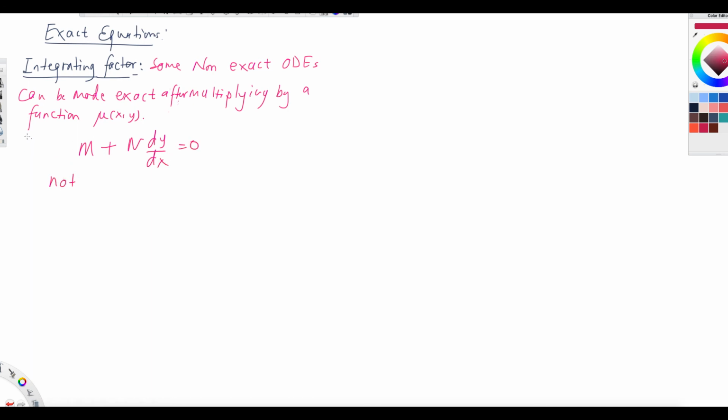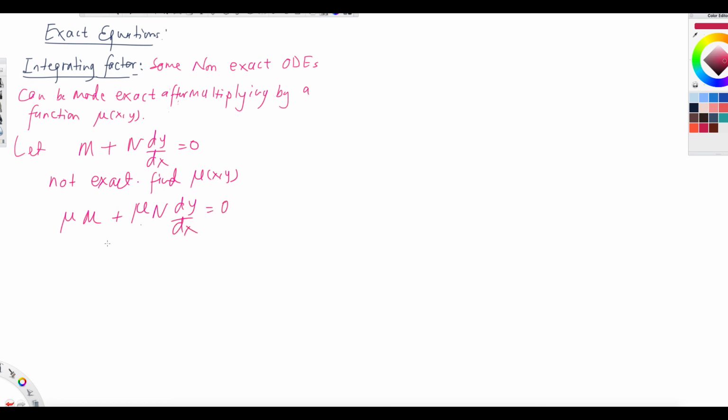Now we want to find a function mu(x,y), where M is also a function of x and y and N is also a function of x and y. If you multiply by mu, you will get mu M plus mu N dy/dx. If you do that, it will become exact.